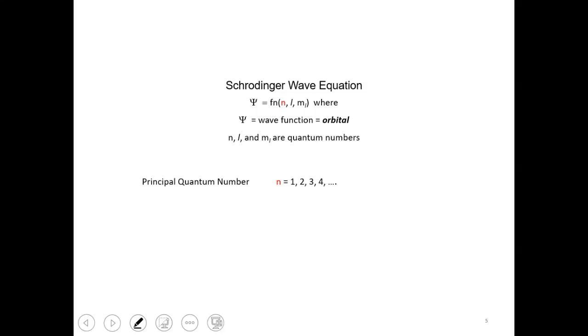So although we cannot pinpoint the location of the electron, we can map out more or less how far from the nucleus that electron is likely to be. In other words, it's just a function of probability. It doesn't really depend on where exactly it is, just how far it is from the nucleus. And therefore, the principal quantum number gives us information about the distance of the electron to the nucleus, all right?